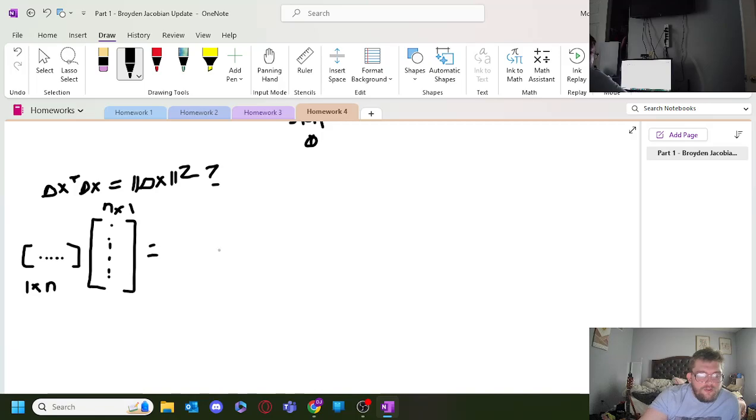And the way that's going to work is we're going to get a scalar value. So x naught times x naught plus x1 times x1, all the way up to xn squared. So that's the pattern that this is going to follow.